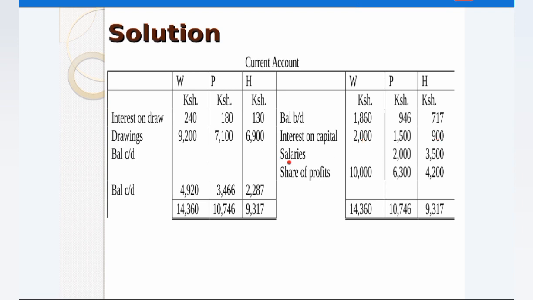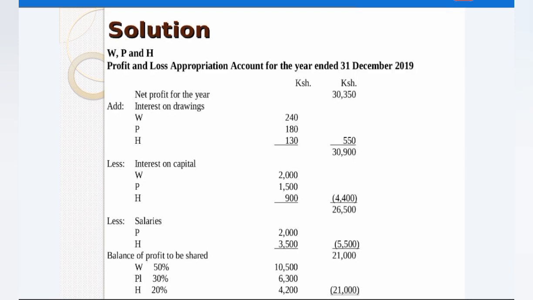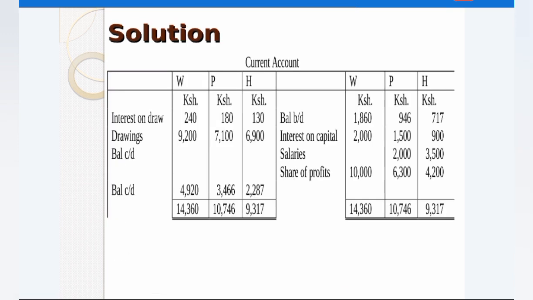Then the salaries, we were told it's only two partners who receive the salaries, P and H. P receives 2,000 and H receives 3,500, and we computed the share of profits. So from our appropriation account, we computed the share of profits, 10,500 for W, 6,300 for P, and 4,200 for H. So we bring them here.